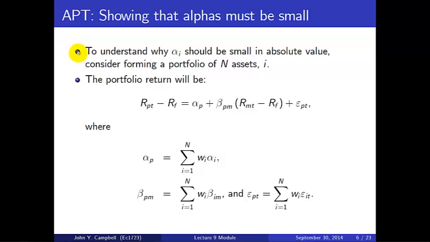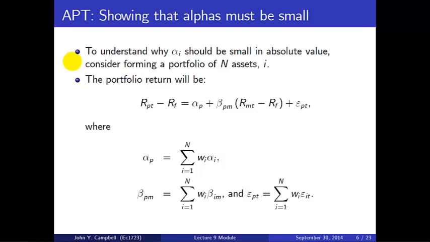All right, so here is the arbitrage pricing theory argument, and this dates back to the 1970s, to the work of Steve Ross, who was at Yale back in those days and now is at MIT.